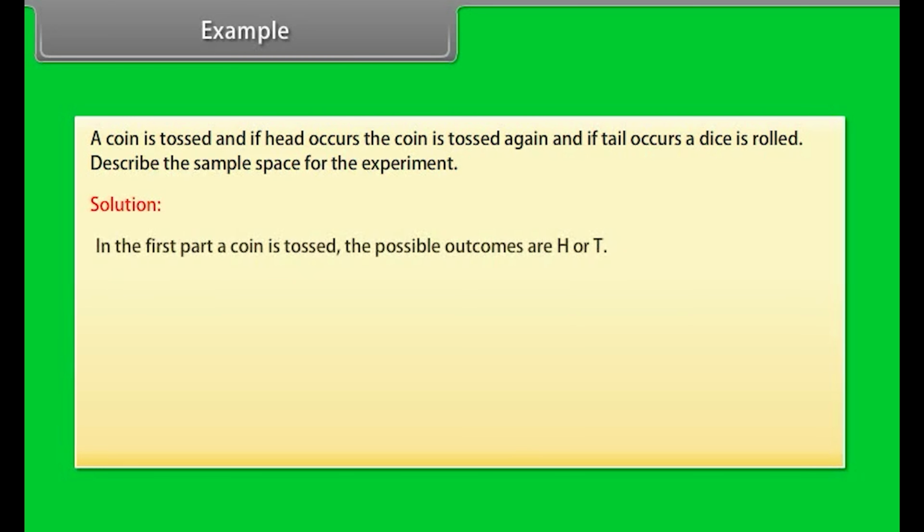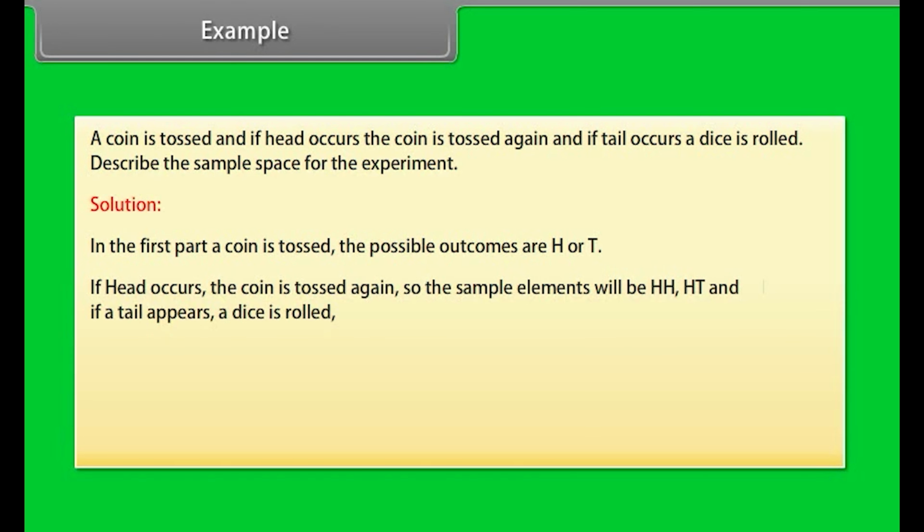Solution. In the first part, a coin is tossed. The possible outcomes are head or tail. If head occurs, the coin is tossed again. So the sample elements will be HH, HT, and if a tail appears, a dice is rolled.